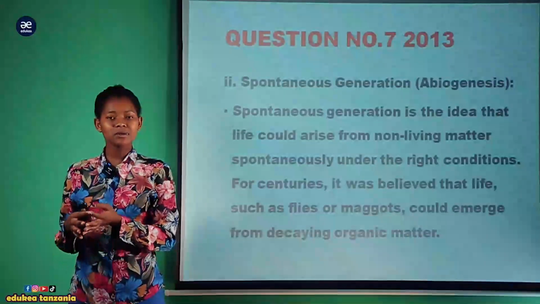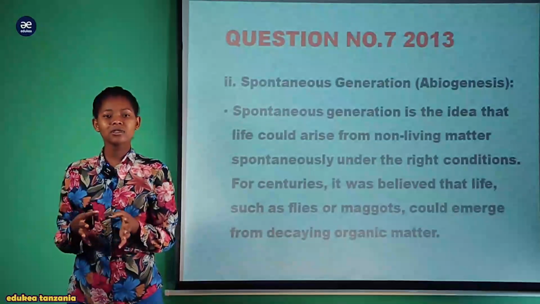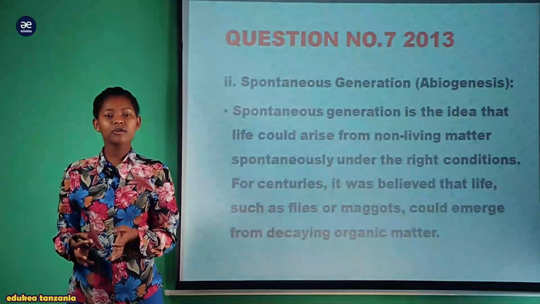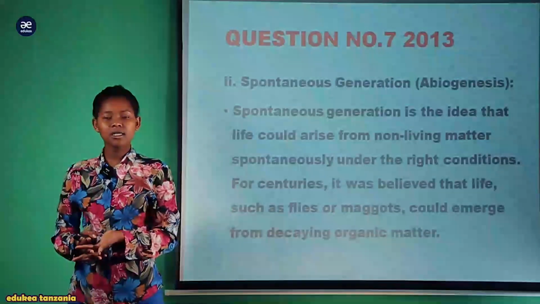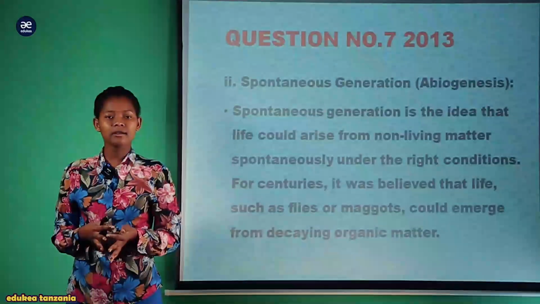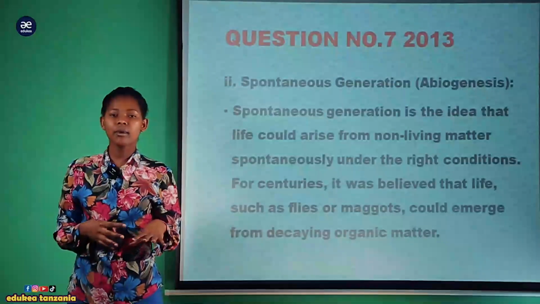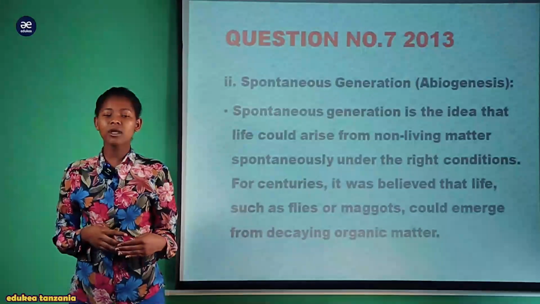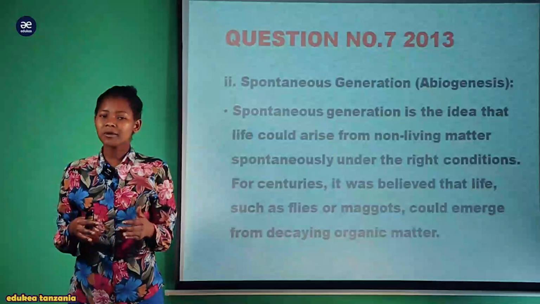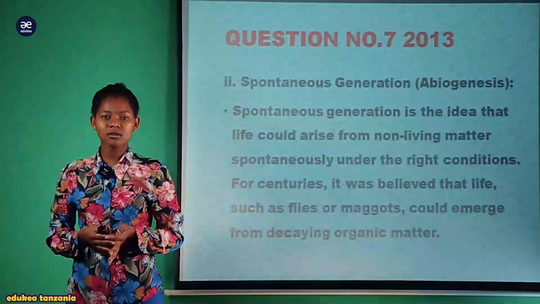So that meat was the non-living matter, and those maggots that emerged from that meat were considered as living creatures. So this is the theory where the person who described it tried to speculate at least about the origin of life.